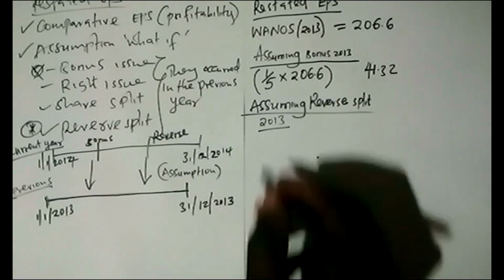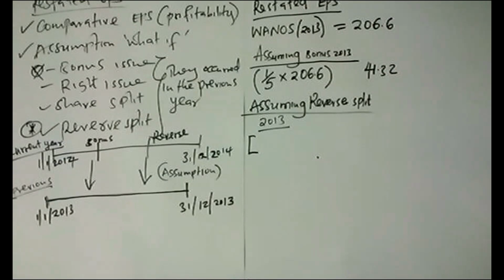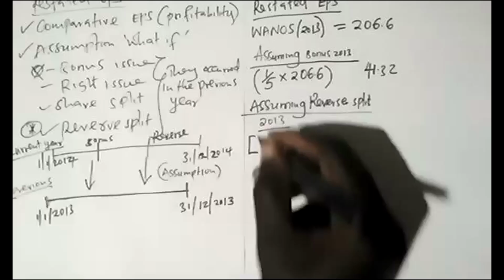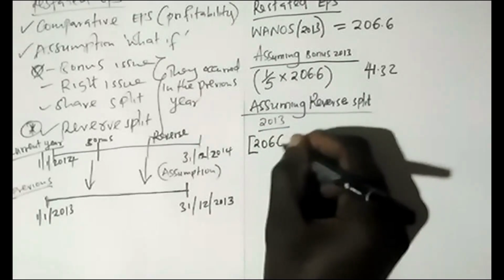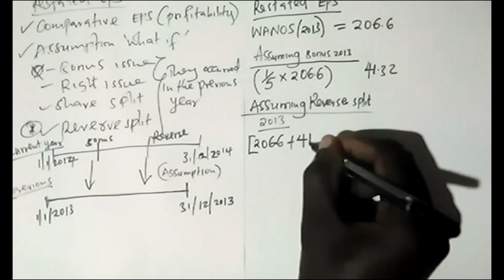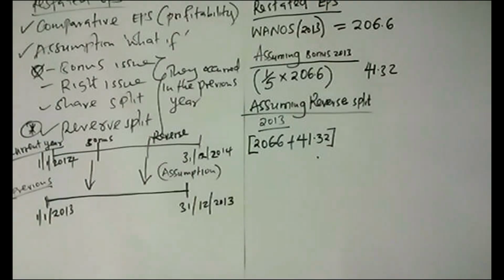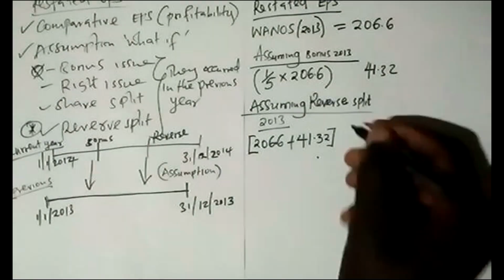So for the reverse, remember I have to use now the total because now the number of shares had increased, because the bonus had occurred. So I have to take 206.6 and add now the shares through bonus, 41.32. Then I have to reverse this.